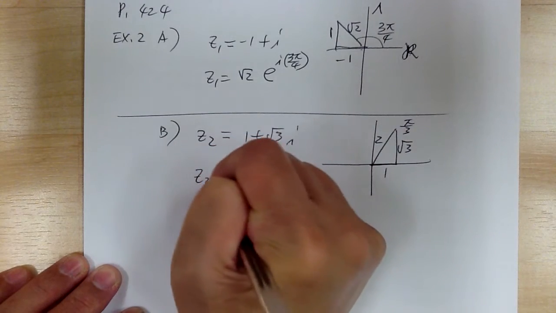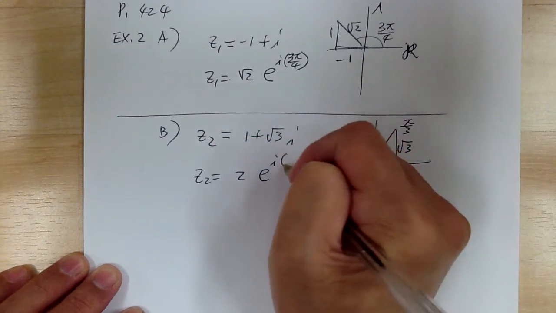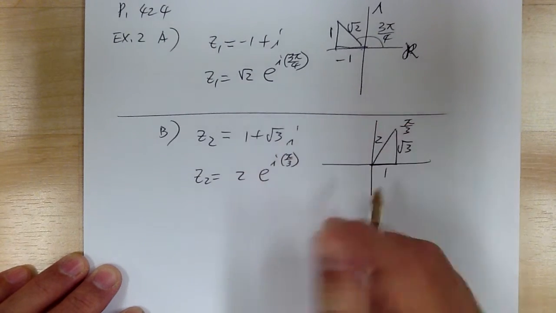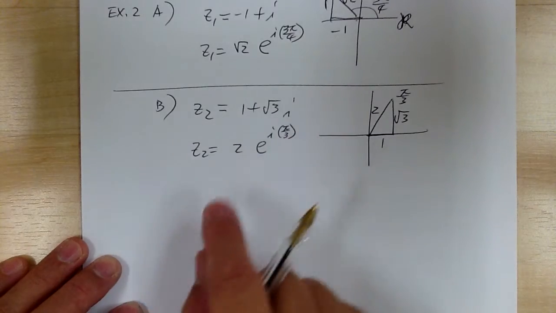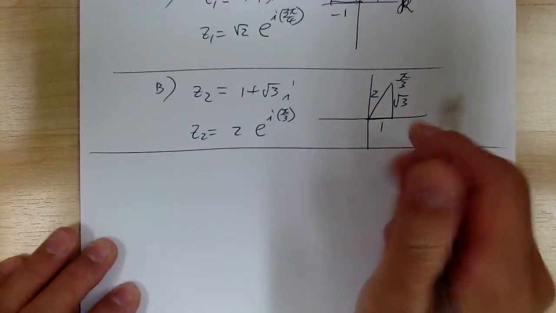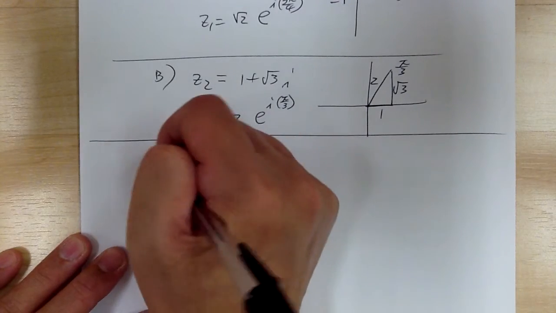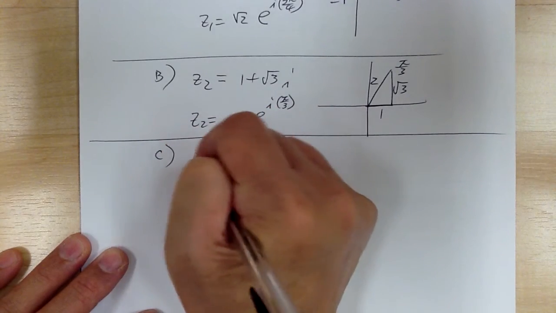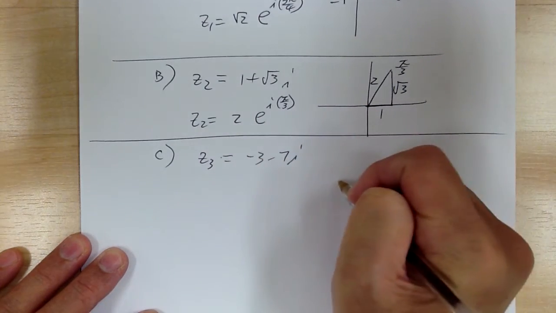So z2 would be equal to 2 e to the i pi over 3. Again, here's your radius, here's your theta, r and theta, and that's it. Very similar to what we did earlier with the coordinates. Now let's go to C. You have z3 equal to negative 3 minus 7i.